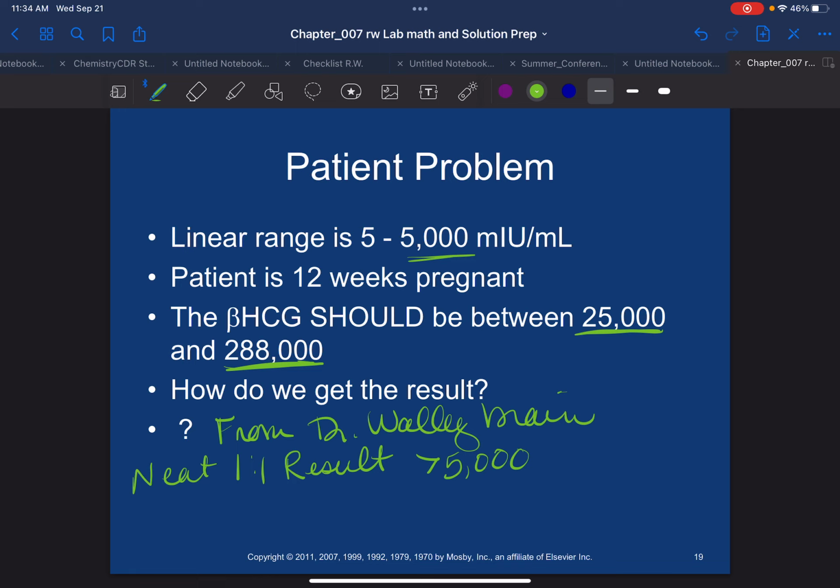For a 1 to 10, we could take 100 microliters of patient serum and add 900 microliters of diluent. Let's make sure this is a 1 to 10. So 100 over 1,000, 1 to 10. Yes. So we've made our 1 to 10 dilution with 100 microliters of serum plus 900 microliters of diluent.